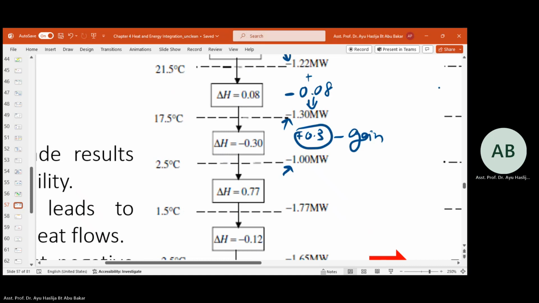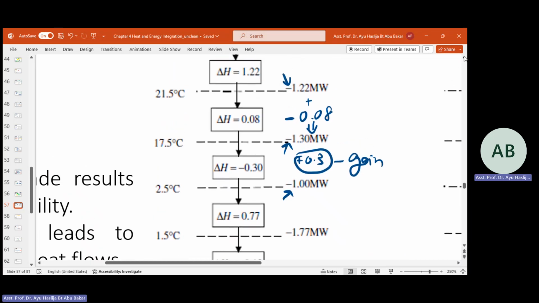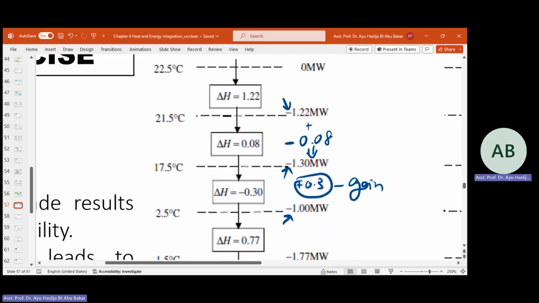I repeat again. That's why here we start from 0, meaning that we have nothing, no gain or no supply yet. So moving downward, first interval you need to supply 1.22. So this column is the accumulation of the heat, whether you need to supply or you need to gain.